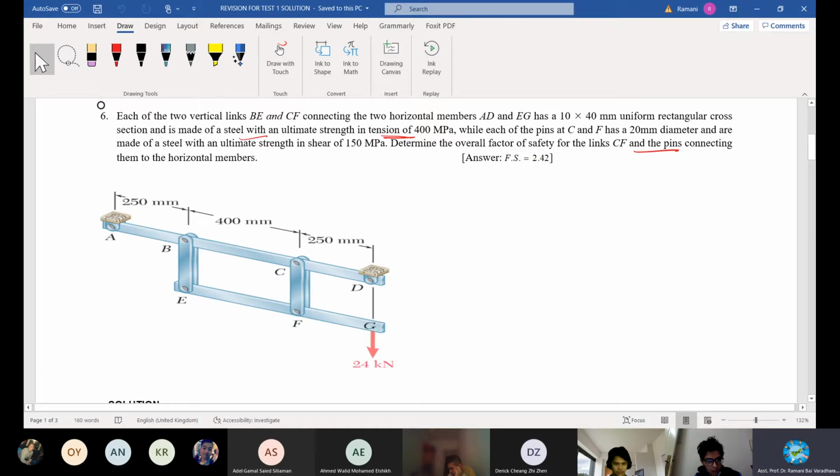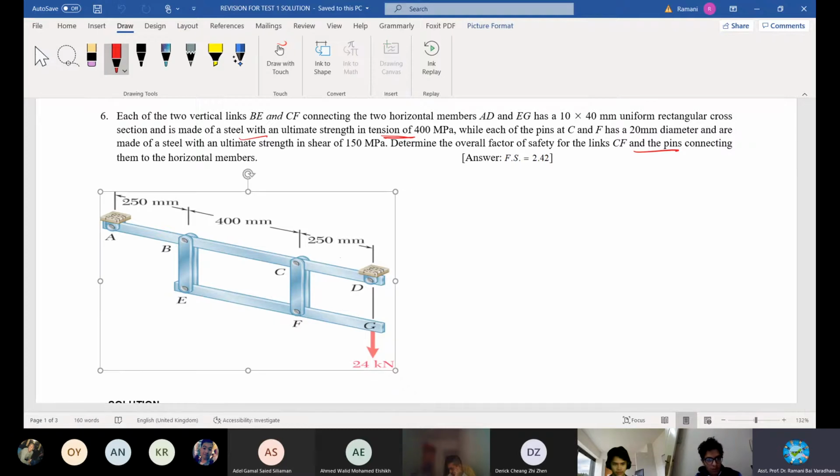In this case, how are you going to solve for the factor of safety? You are asked to find, having given these sections. If I cut here, the cut section at this point, say XX, will give you the dimensions like this.